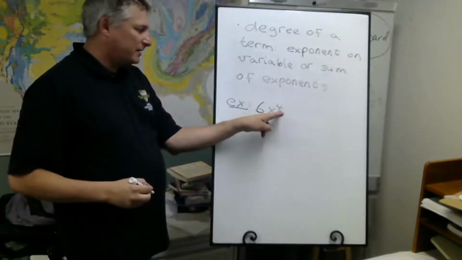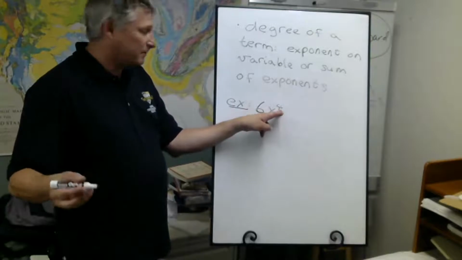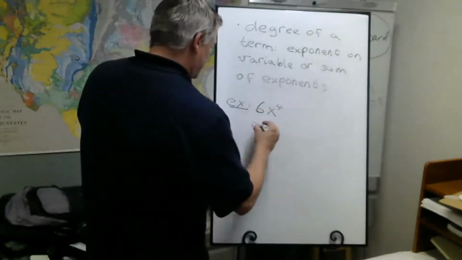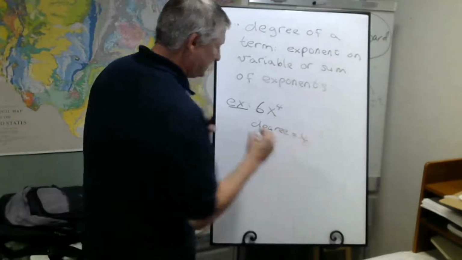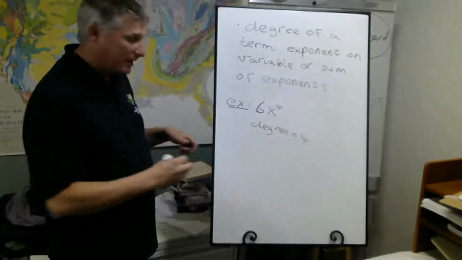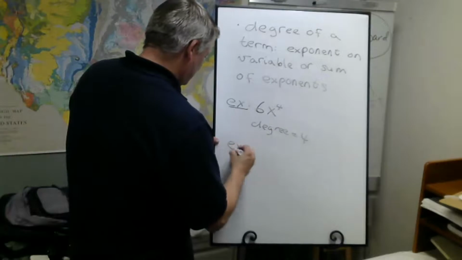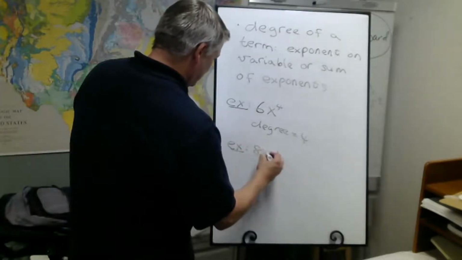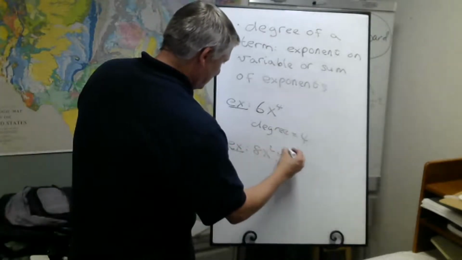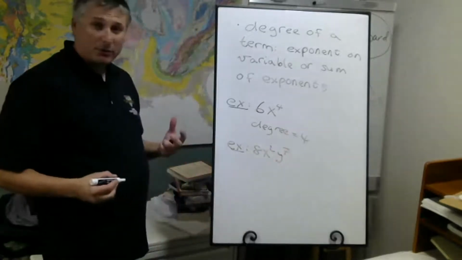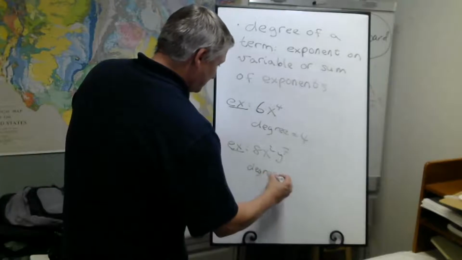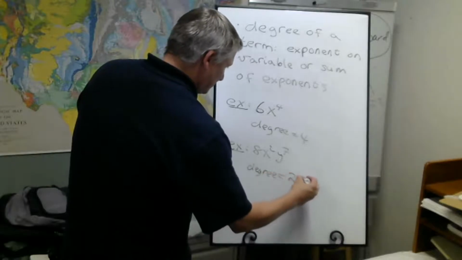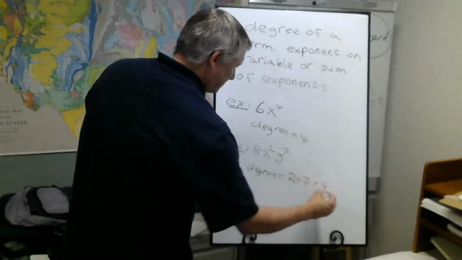Well, the exponent on the variable is 4, so the degree is equal to 4. And then for this one, x squared y to the seventh, we add up the exponents and we get 9.